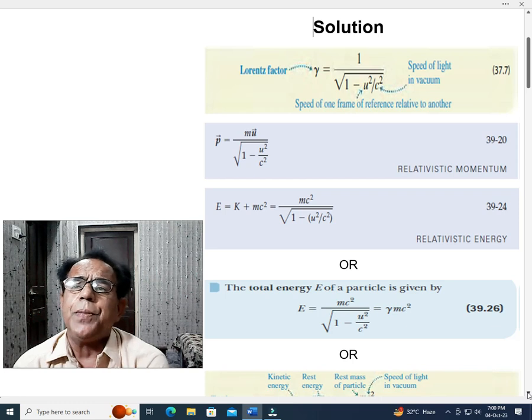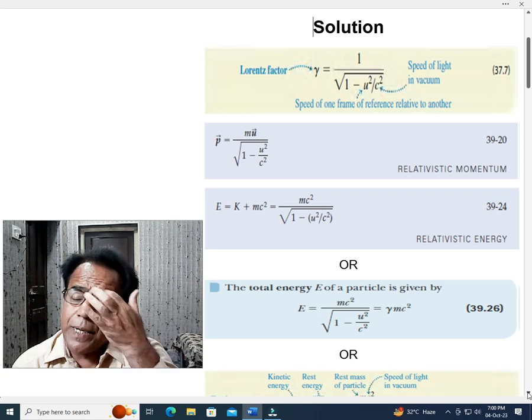This is the relativistic momentum. Linear momentum is not relativistic, because in linear momentum velocity is not approaching the speed of light. It is not comparable with the speed of light.